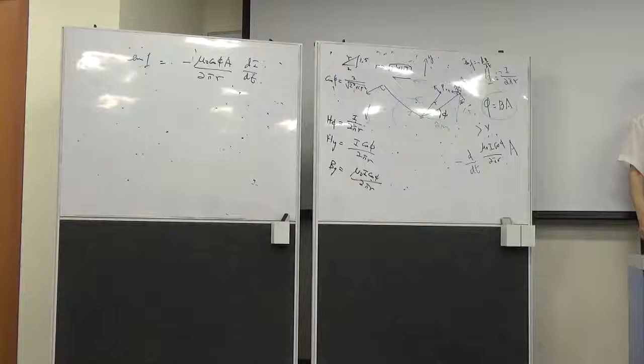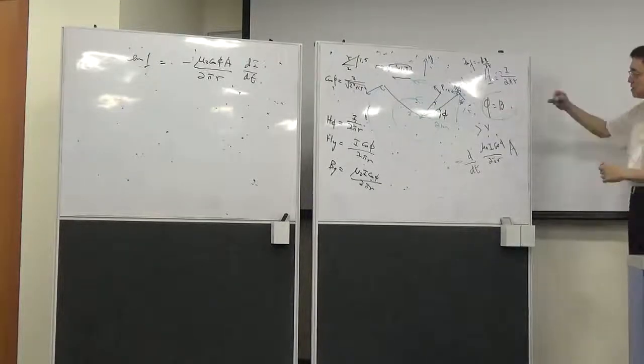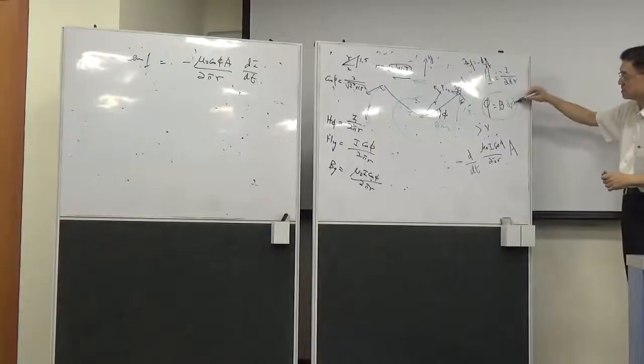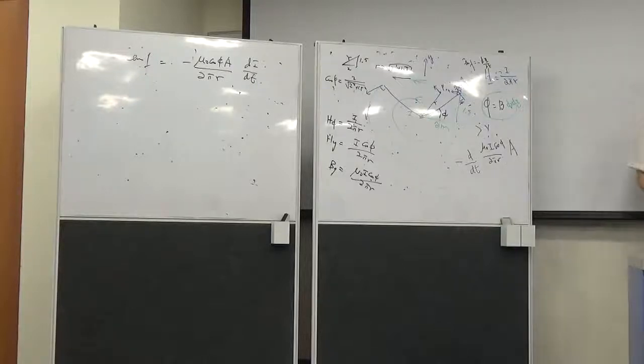So your B, look at this one. This one is lying on the XZ plane, right? XZ plane. Alright, so that means your A now is dx dz. Okay, dx dz.